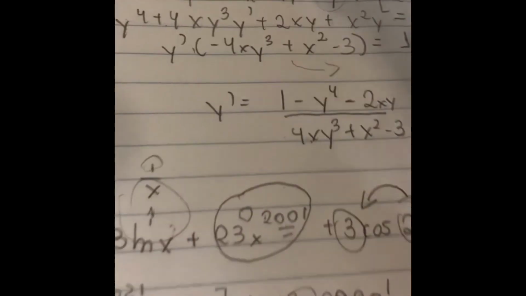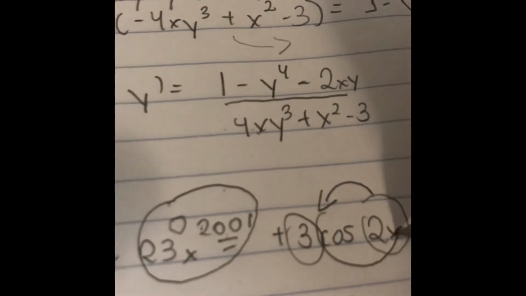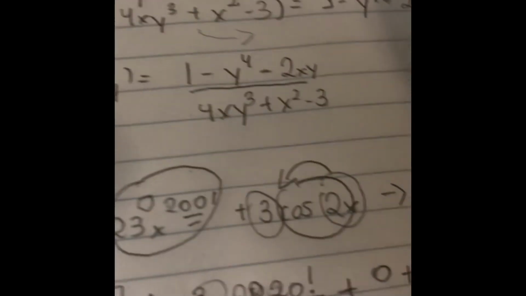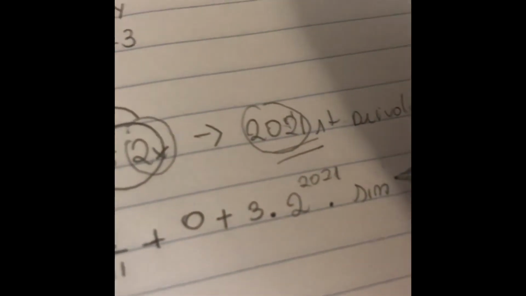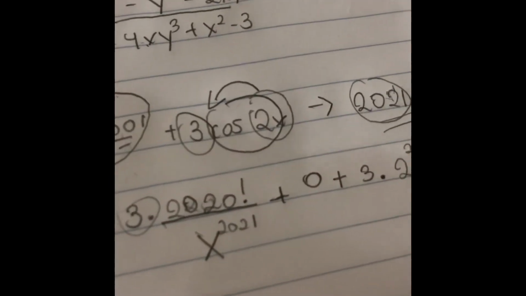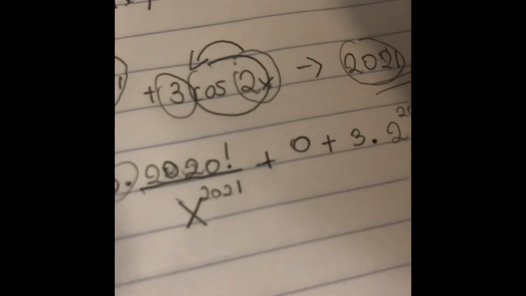And now the last thing, cosine of 2x. What is the derivative of cosine 2x? It's basically minus sine 2x times 2.